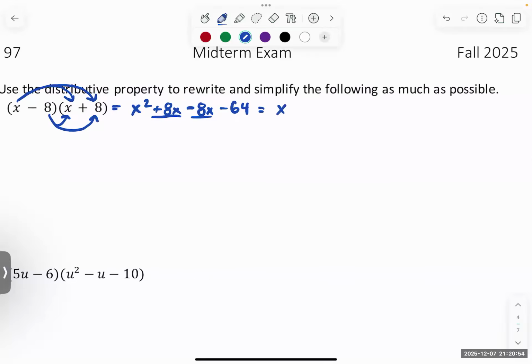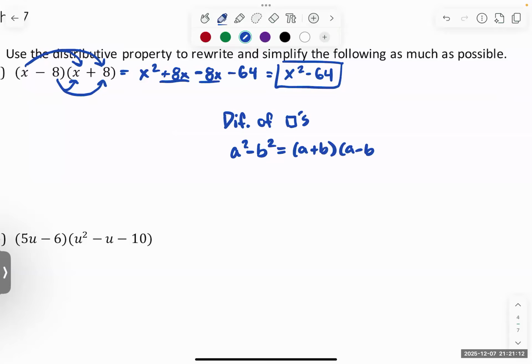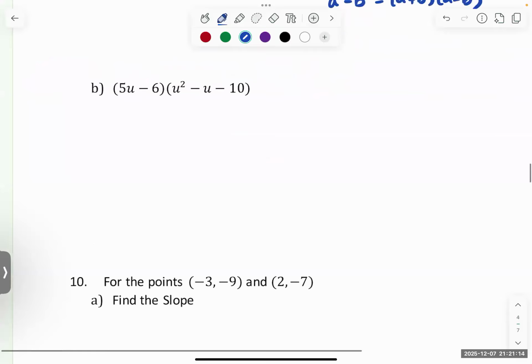And then we get x squared minus 64. It's your final answer. Difference of squares, which, by the way, a squared minus b squared factors to a plus b times a minus b, which is what we did here.